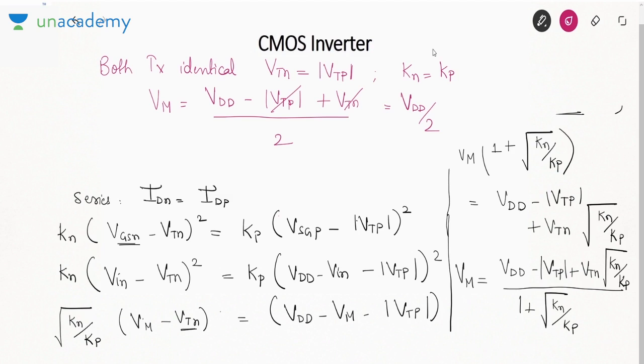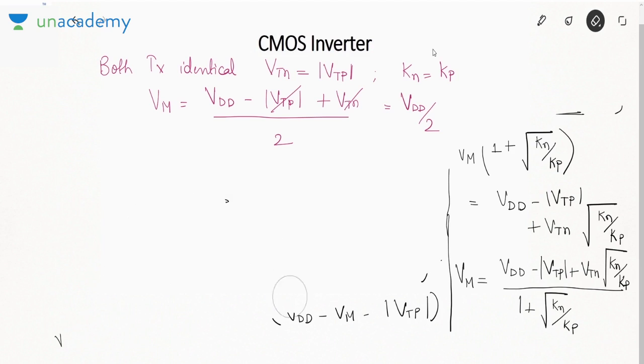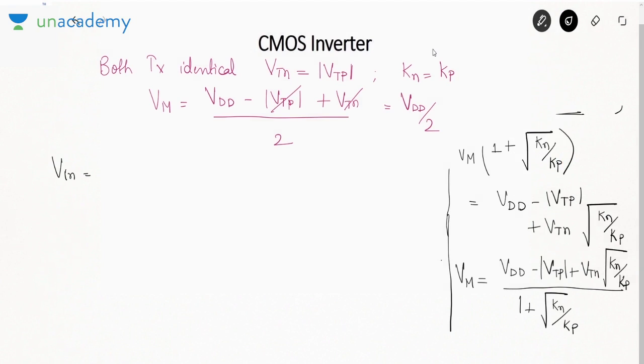Now I have told you that both transistors are in saturation. Let me prove that also. Let me take an example. Vin is equal to Vout, equal to VDD by 2, 2.5 volt. Now what is VGSN?